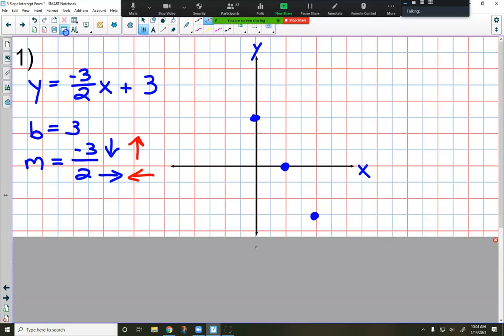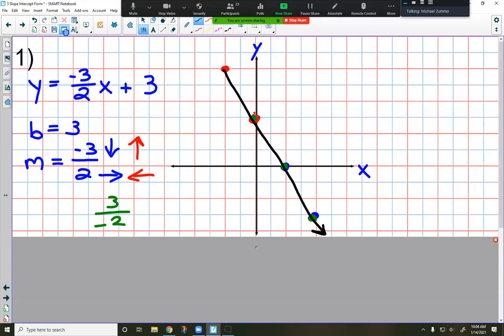And it'll still stay on that same line. From the y-intercept, I can go up 3 units and to the left 2. Okay? And that's true for any point. If you go up 3 and to the left 2, up 3 to the left 2, that's basically like having 3 over negative 2. It's the same thing. The last step is to just draw a line through all of these points.